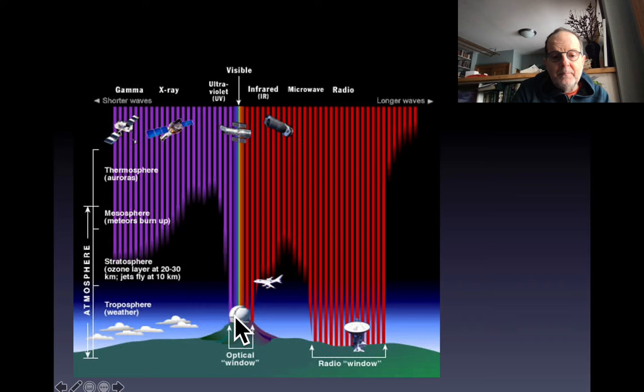All the visible light passes through the atmosphere and makes it to the surface. Infrared in some forms makes it to the surface, and in other waves doesn't. Microwaves a little bit, but the one that does most of all besides visible are radio waves, which is one of the reasons that humans invented radio telescopes. Radio telescopes are able to detect radio waves from outer space.